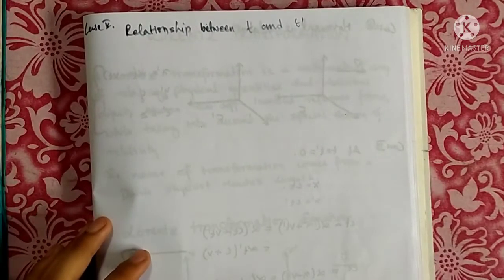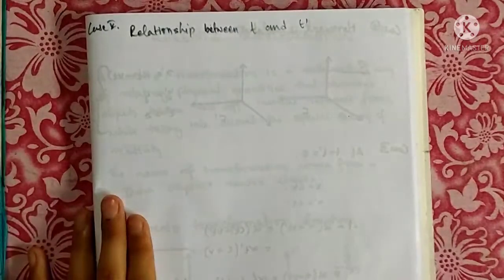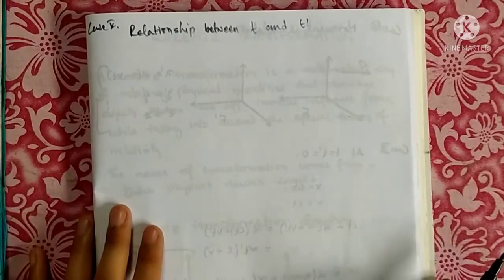So there is a difference between the time that has elapsed within frame F and the time that has elapsed within frame F prime, because of this special theory of relativity. And in case 5, that's exactly what we are going to find.